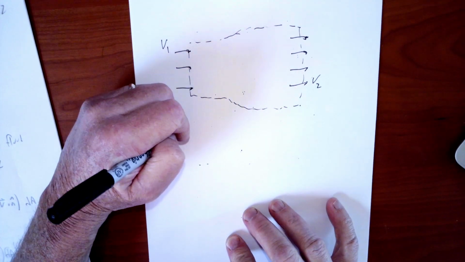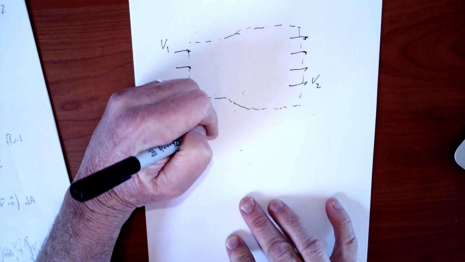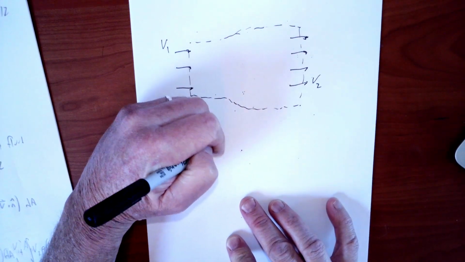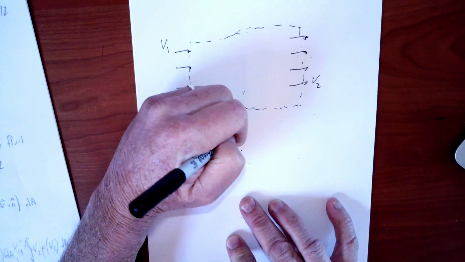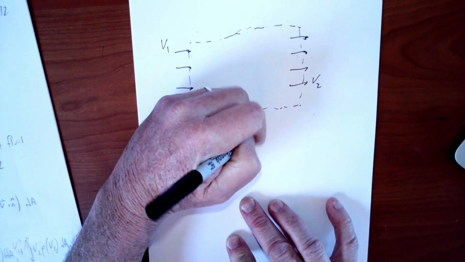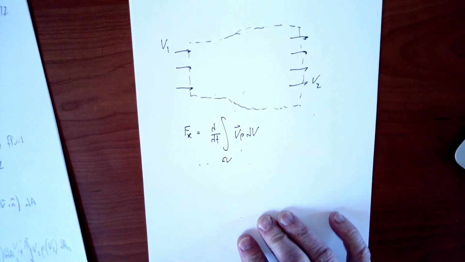So now we're going to have the Fx equation that, remember, is from integral analysis. We're doing an integral momentum analysis here. So we have the time rate of change of the momentum in the control volume, that would be the density times the velocity time derivative.